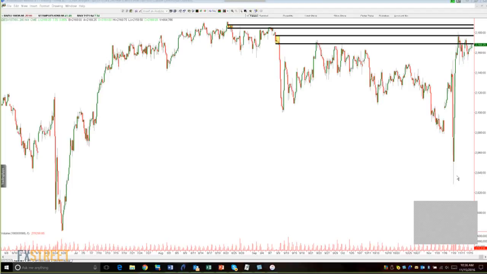And look at below. This is the election drop, right? Look at what's sitting below. Absolutely nothing. So that's a big deal. Huge profit zone below. Interest rates keep ticking up.